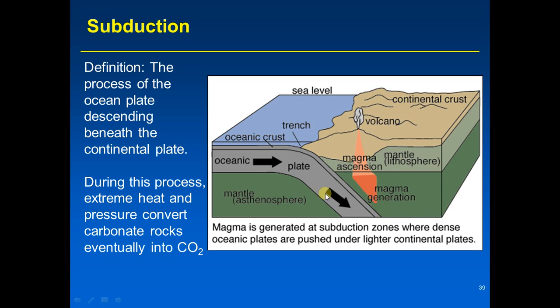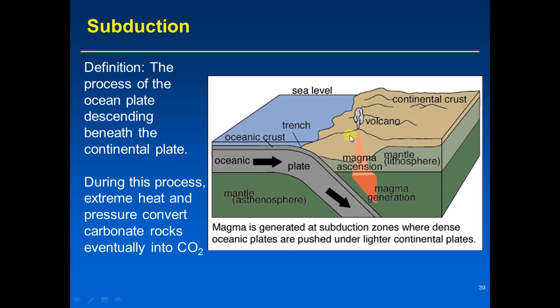So there's a tremendous amount of heat and pressure generated, and that heat generates magma underground, which can then ascend up into the crust, higher into the solid earth, and eventually that magma can move up in a volcano, and when the volcano erupts, the magma is then termed lava.